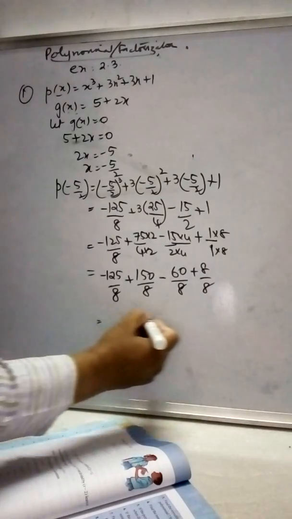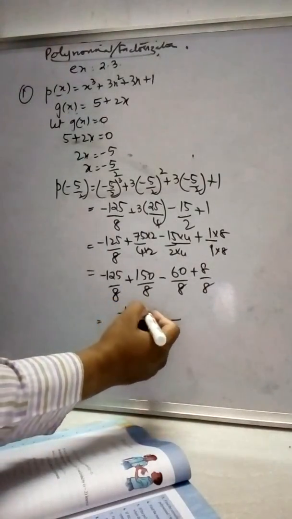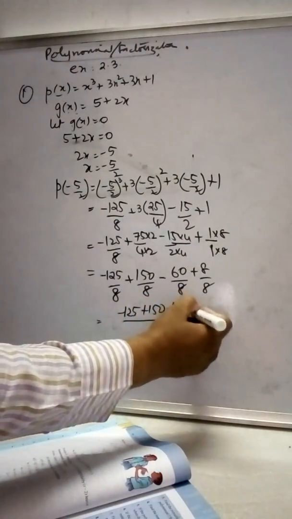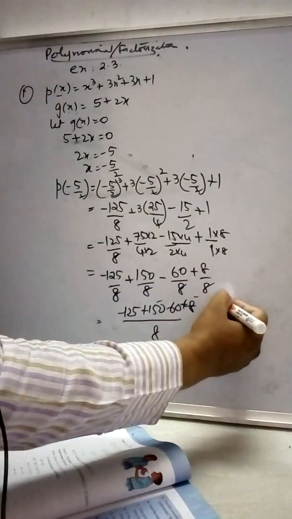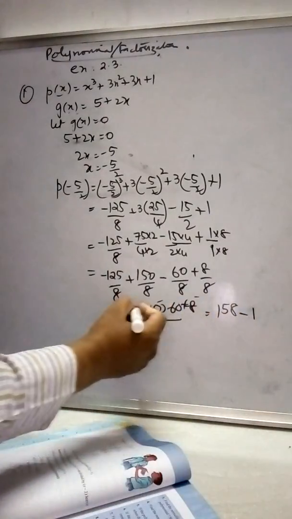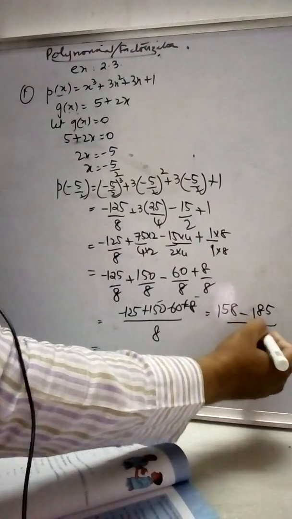So now this is a like fraction, common denominator. Simplify the numerator: plus 150 minus 60 plus 8. So plus 150 plus 8 will be 158, minus 185, whole divided by 8.